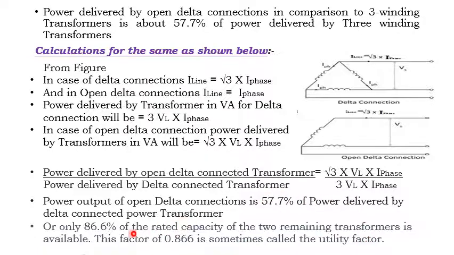So these two statements are the same. Either you can say that the open delta connection delivers only 57.7% power, or it delivers 86.6% of the rated capacity of the two remaining transformers, and this value is represented as the utility factor.